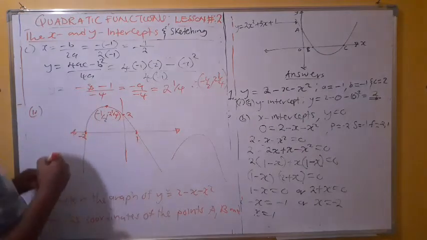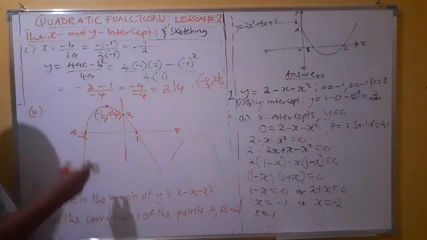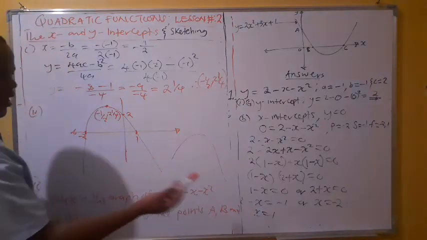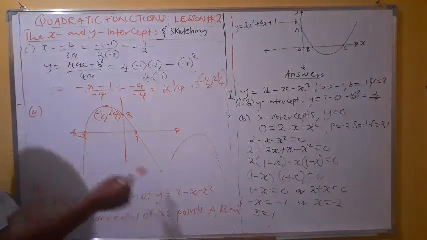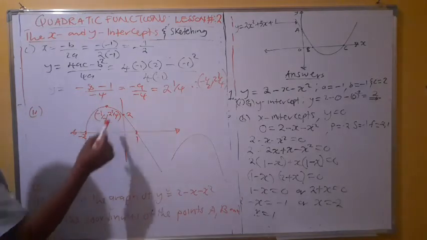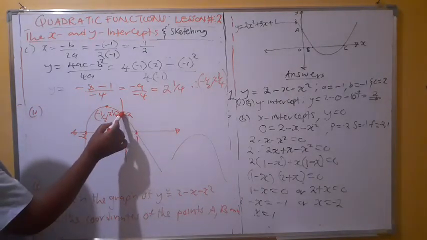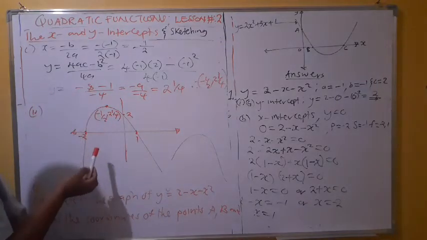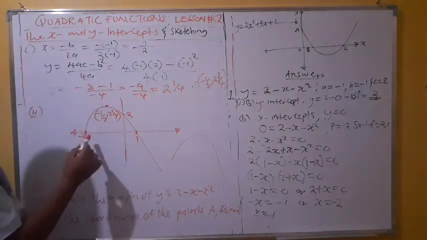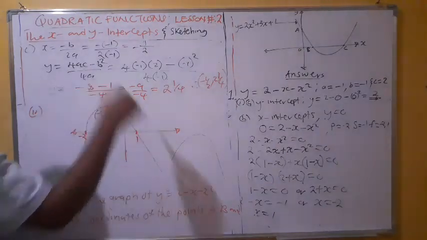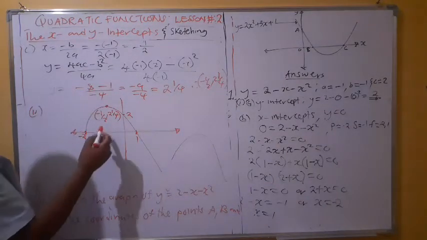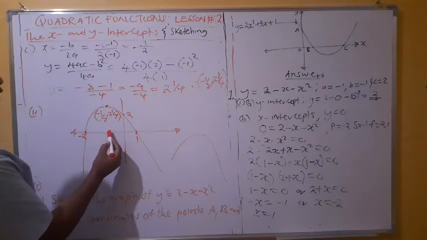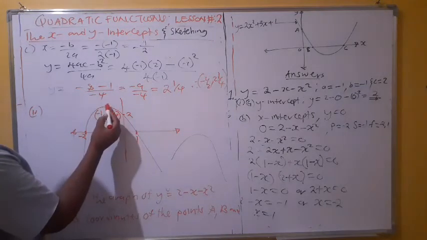I did a rough diagram, but alternatively you can try to plot. You can say the first one is negative 2, 0, which could be here. The other one is 1, 0. Then our 2 is somewhere here. Then for the turning point, you can also try to plot it, so that you have got coordinates. Then you join. Since this is 2, maybe 1 could be here, so 0.5 could be here, and maybe 2.5 could be somewhere there.